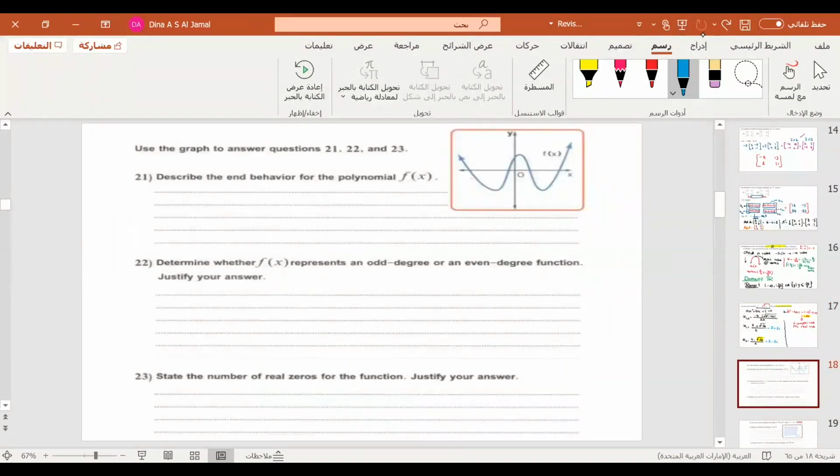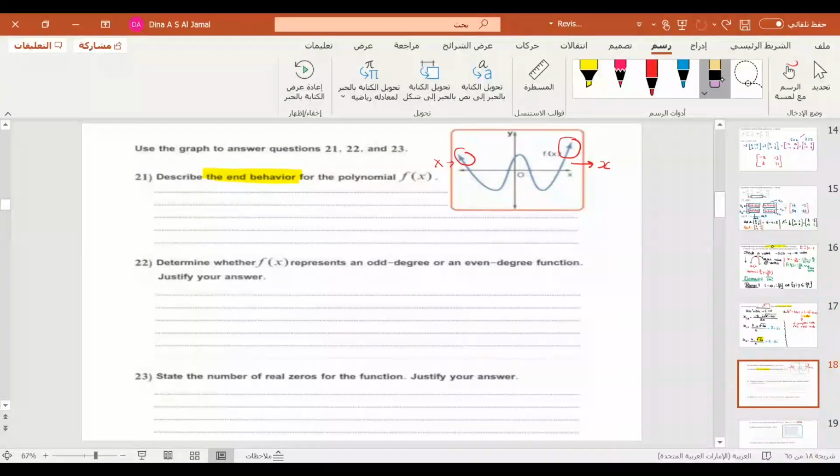Let's go to this graph, which will help you to solve 21, 22, and 23. Describe the end behavior. So this is a very important question that may come across your exams. Whenever he's asking you to describe the end behavior, that means you should look at where the x will go and where f of x will be going.